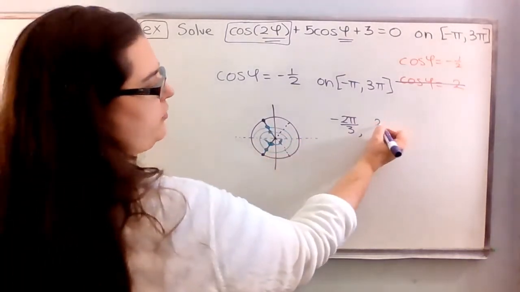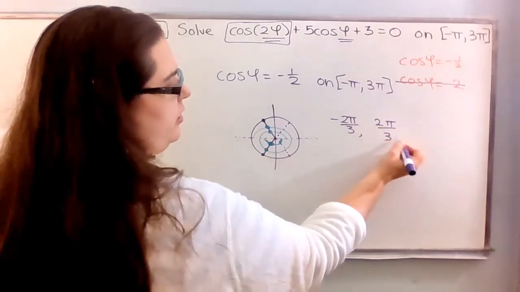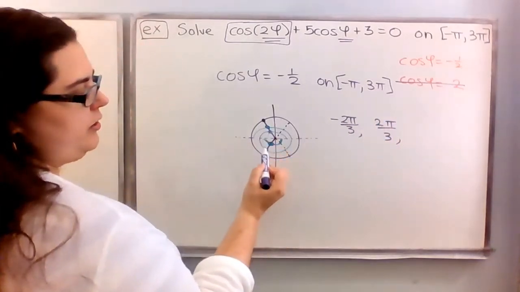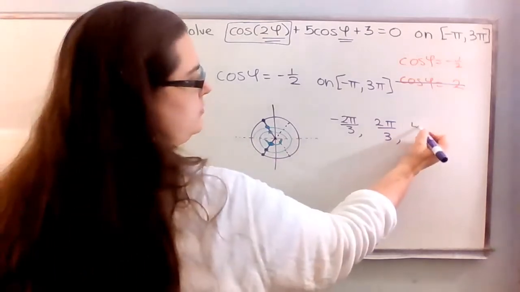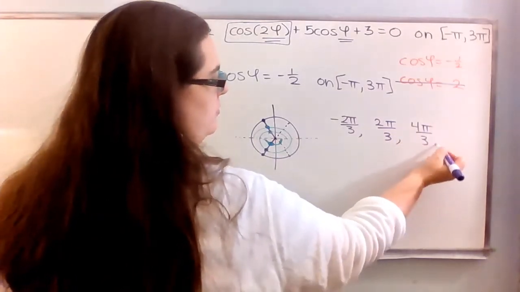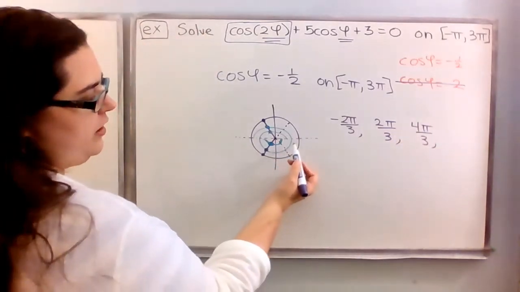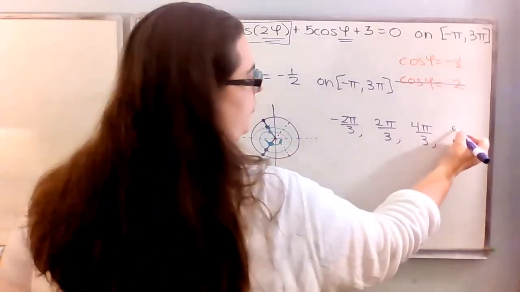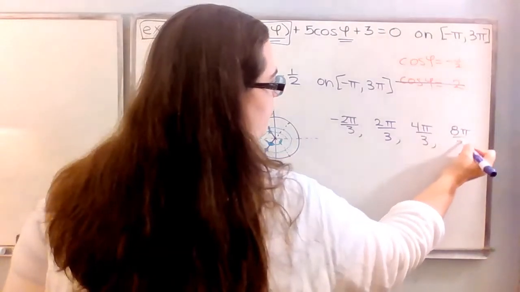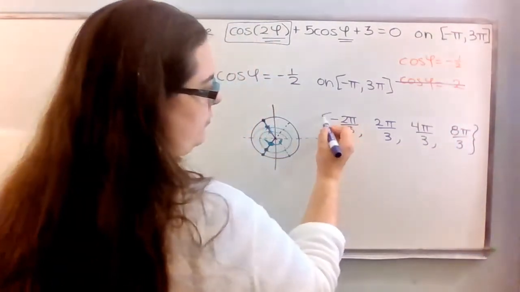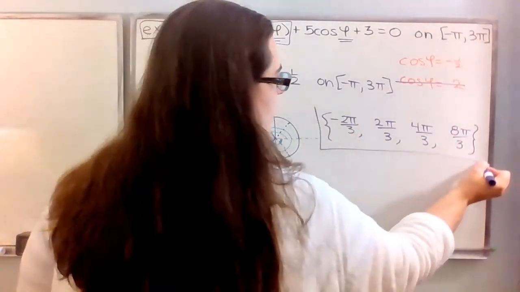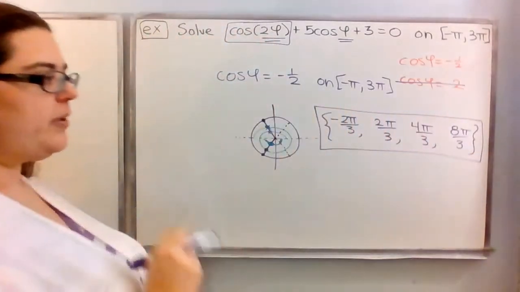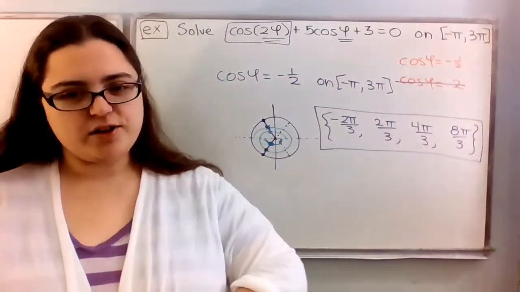So we have 2 pi over 3. 3, 4, 5, 6, 7, 8. There we go. Those are going to be our solutions to the equation.